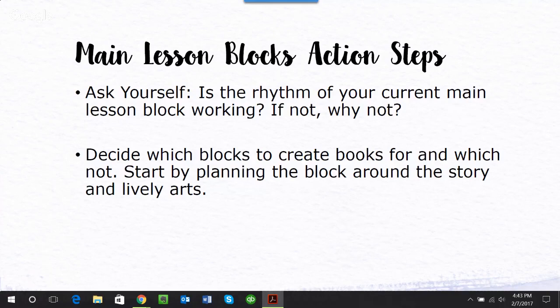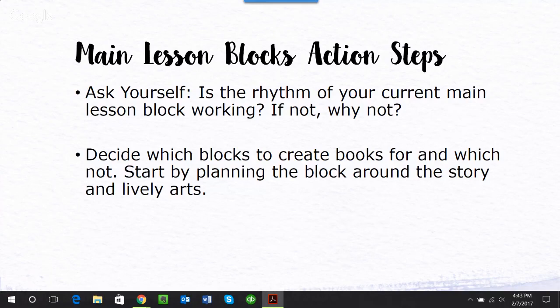Wait, I saw a question. More about the 3-part lesson in a 2-day rhythm. I'm going to say briefly now, and then hopefully we can come back to this during the Q&A.